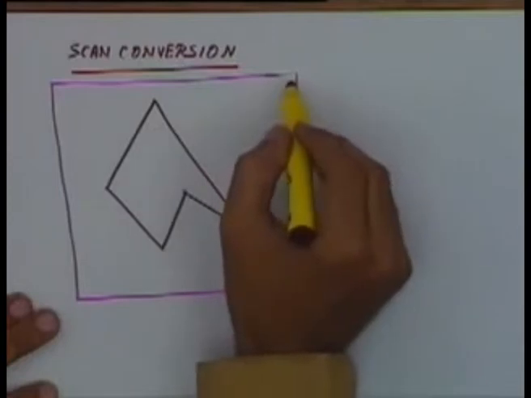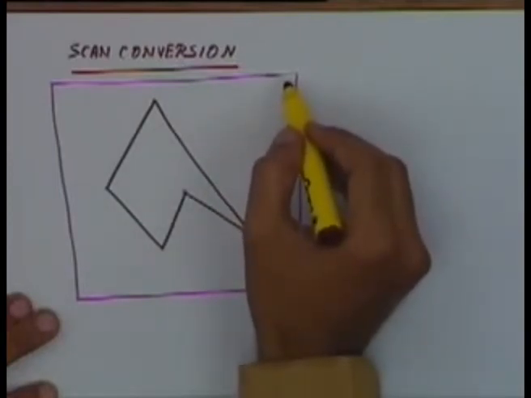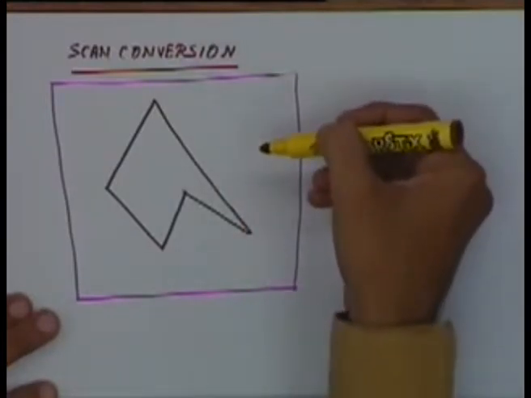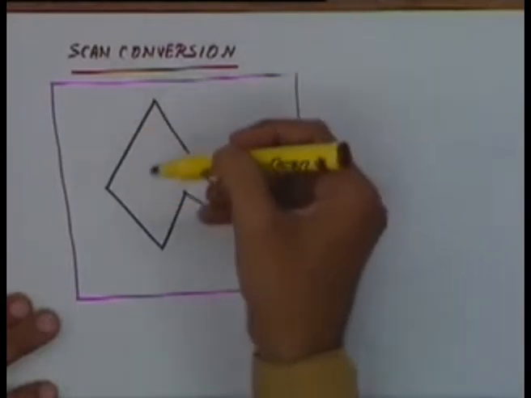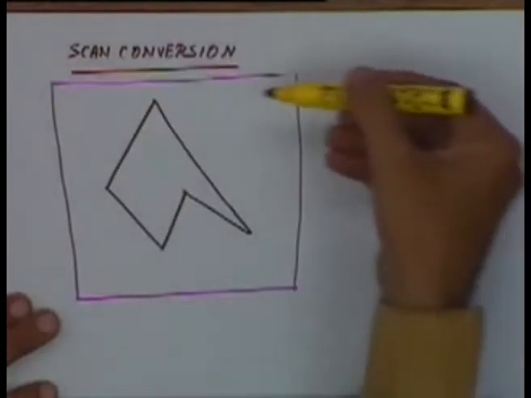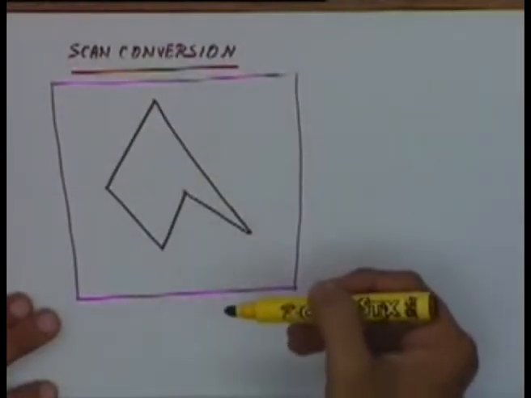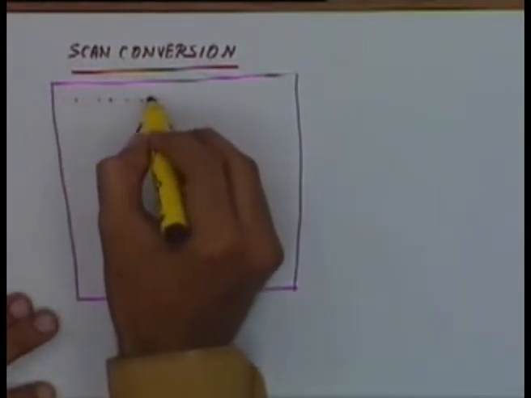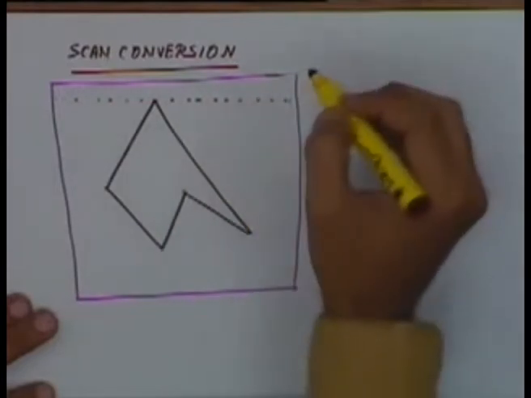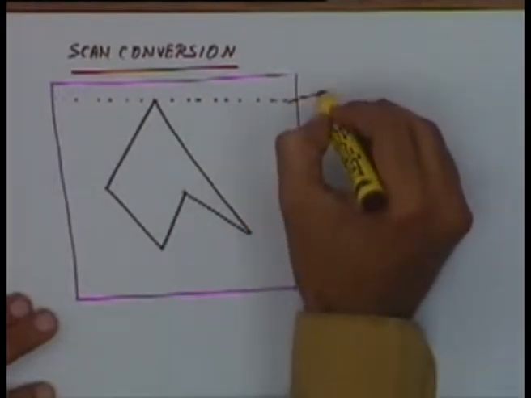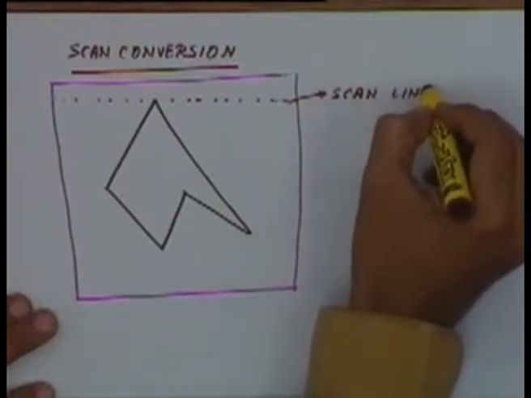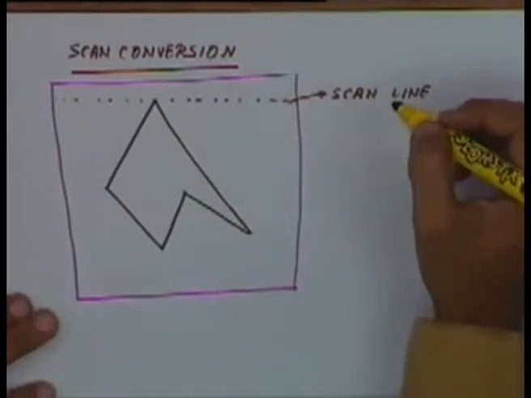Within the top row, all the pixels that are there inside the polygon will be displayed. From that top row, we will go on to the next row and so on. Okay, so we will go through all the pixels, but row by row. Okay, a row of pixels, let us say this is a row of pixels, is normally referred to as a scan line.